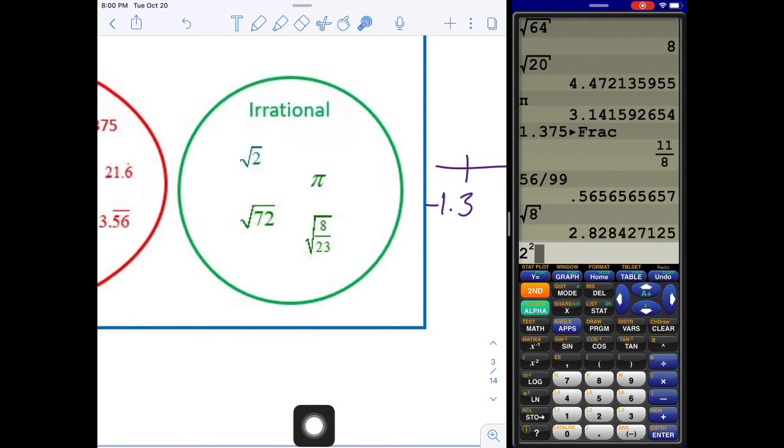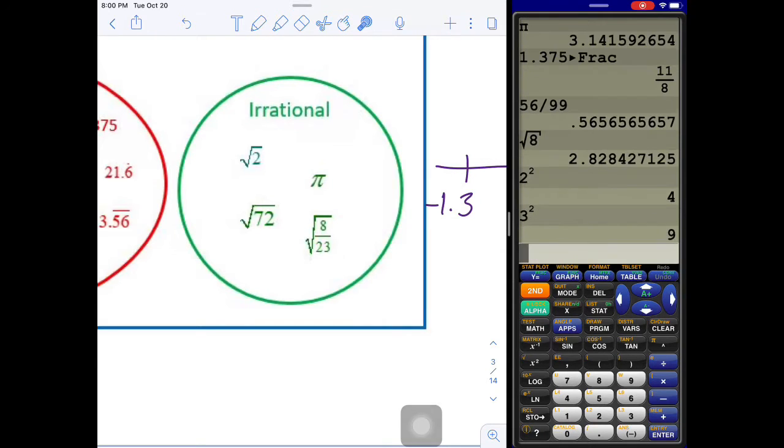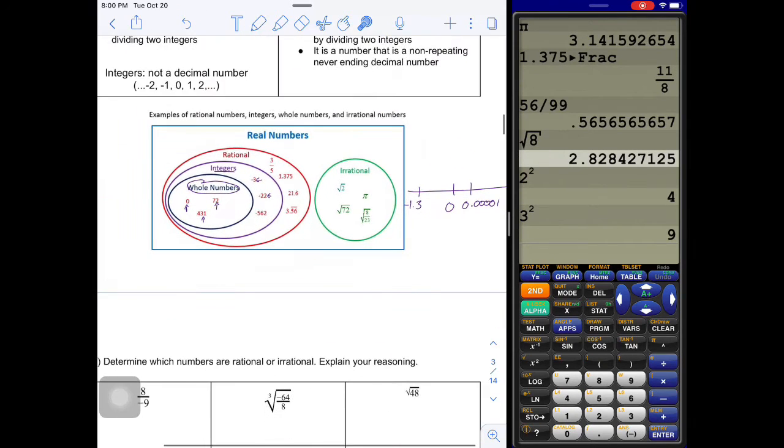Remember, 2 squared is 4, and 3 squared is 9, right? So the square root of 9 is 3, the square root of 4 is 2, but square root 8 falls between them. So it's roughly that, which is an irrational number, okay?